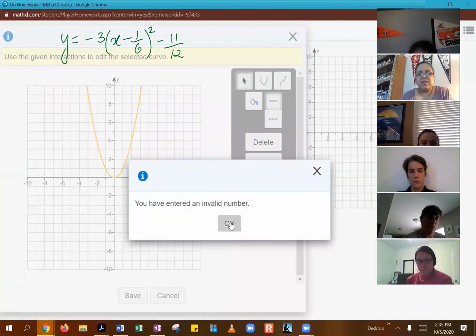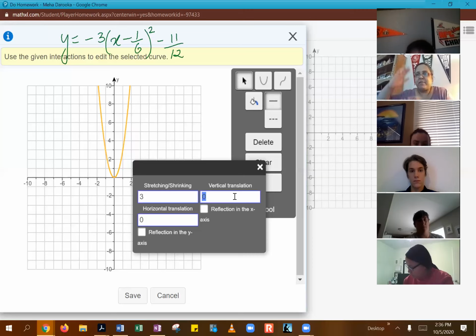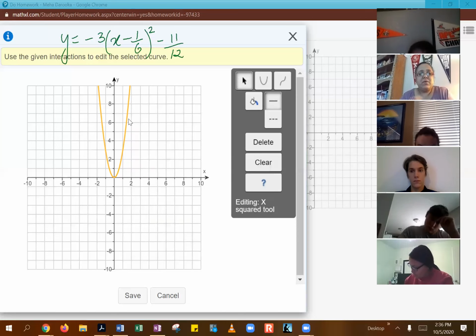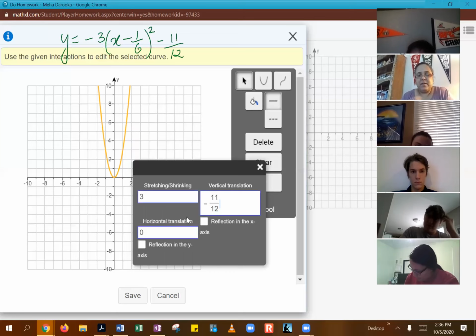The A value is what gives us the stretching or shrinking, but you're actually just going to be typing in 3, not the negative. Then what do you guys think about the vertical translation? What's making our graph move up or down? Yes, it is going to be the K value, which is at the end, the -11/12. And for this one, you do want to include the negative sign. It's just on the stretching or shrinking that we do not include the negative.